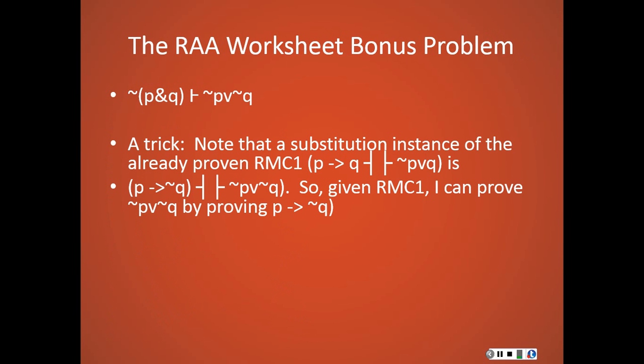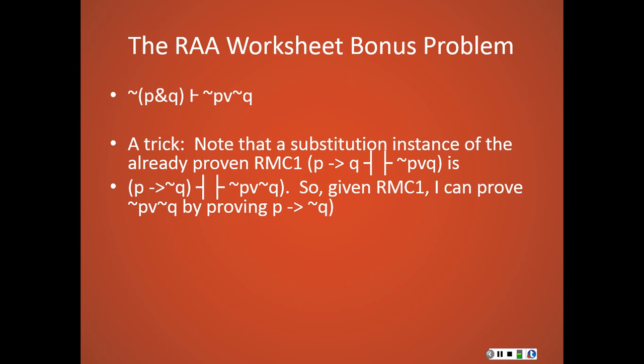So here is that bonus problem again. Here's a trick. Note that a substitution instance of the already proven RMC1, that is, if P then Q double turnstile not P or Q, is if P then not Q double turnstile not P or not Q. I get the second sequent just by uniformly replacing Q with not Q throughout.